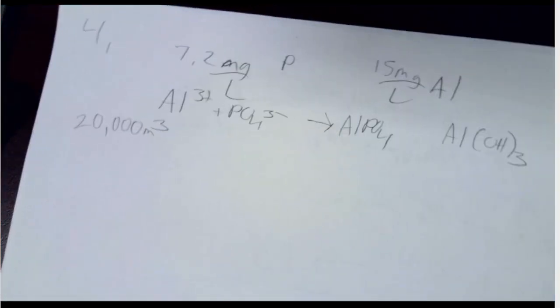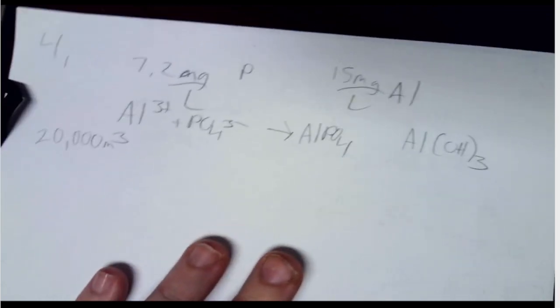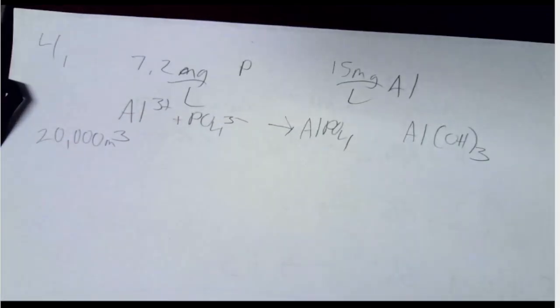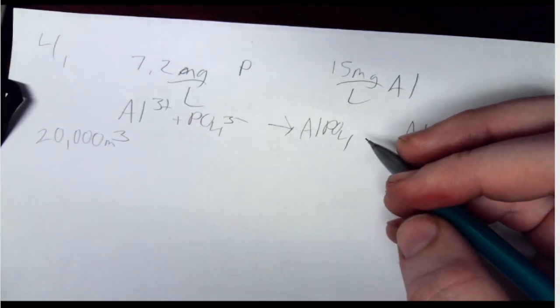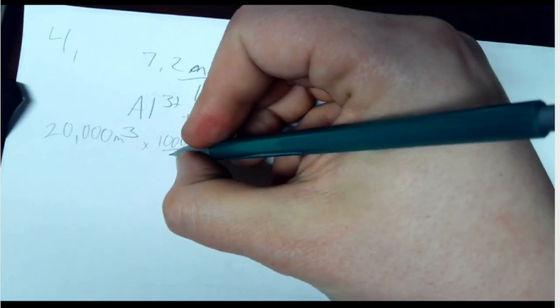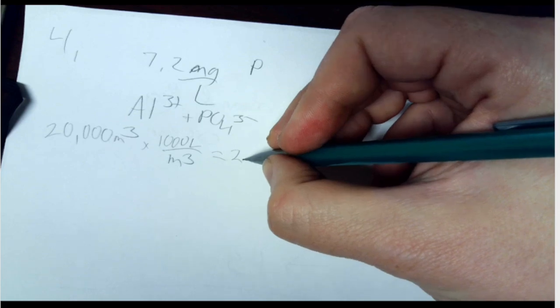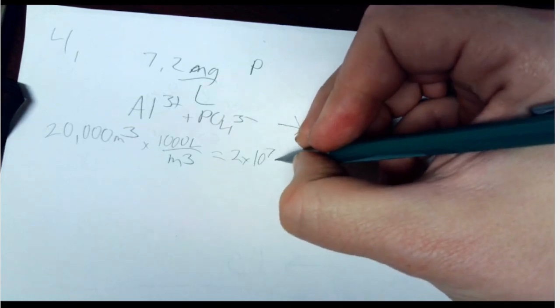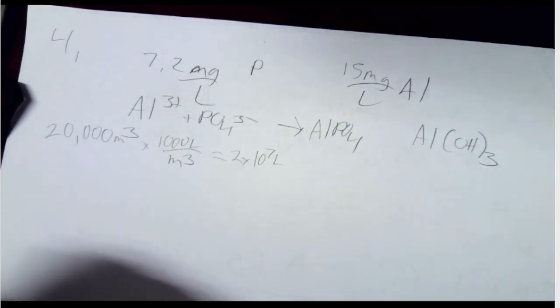So one of the things we need to figure out is how much volume is 20,000 cubic meters. There are 1,000 liters per cubic meter, so we're treating 2 times 10 to the 7th liters of wastewater. I'm going to go ahead and convert these now.